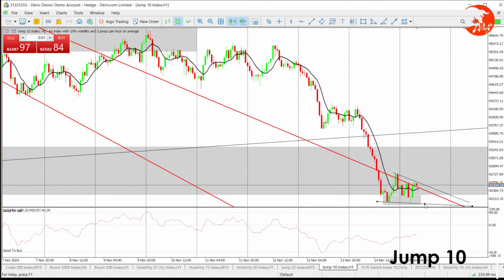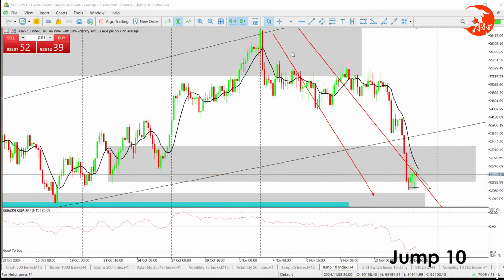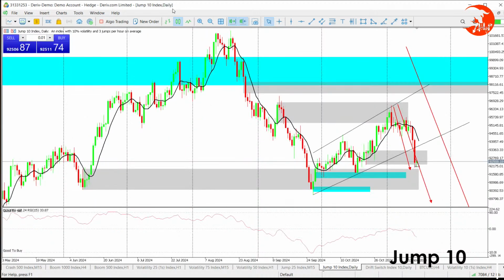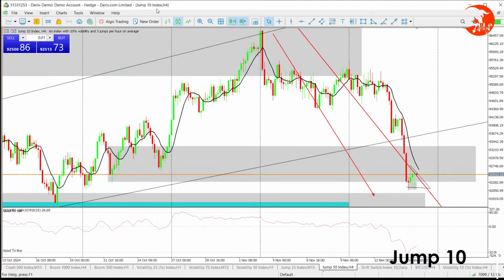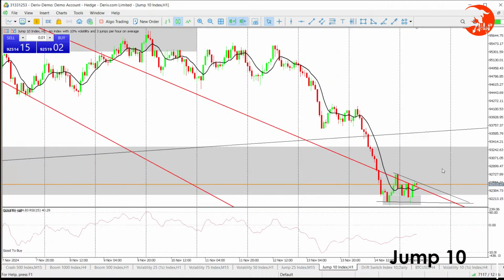If that is a descending triangle, anything can happen now, because it is on the support level there, which is an H4, or it's a daily support level. So if that's the case, being on a daily support level, we may see even a reversal to the buys.